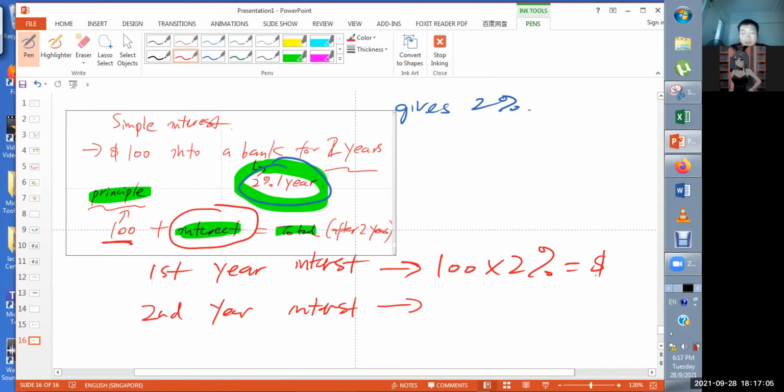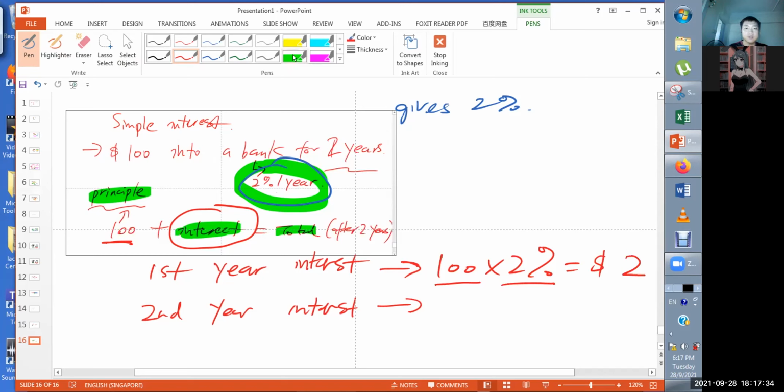Can you help me out using your calculator? 100 times 2% only. So what's the interest? $2. So first year you get $2 as interest.